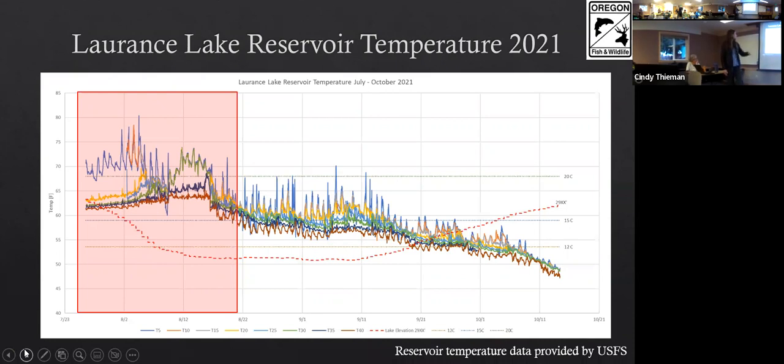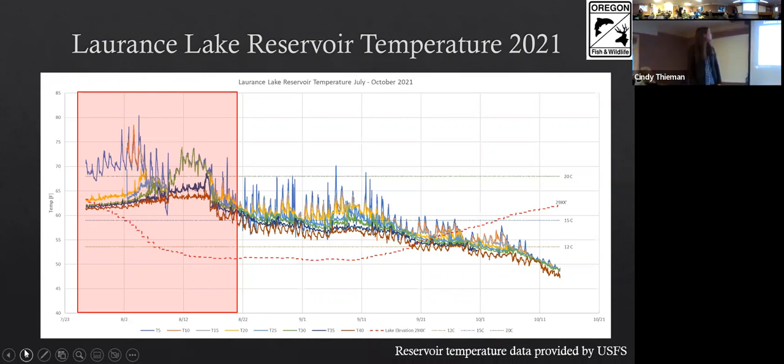Generally, 15 degrees being an optimal temperature, and 15 is represented by that horizontal dotted line. And this is just to show that there are periods of time in midsummer when the Laurance Lake Reservoir is certainly above what optimal conditions are as far as temperature for adult bull trout, but particularly for juvenile trout.